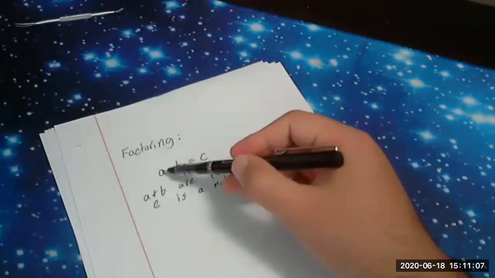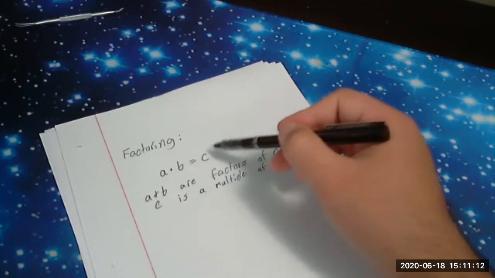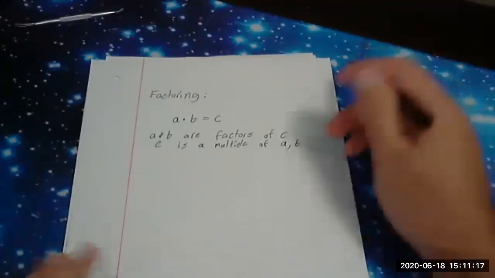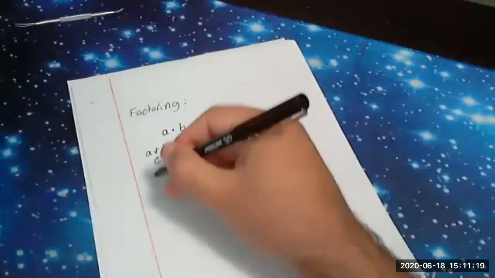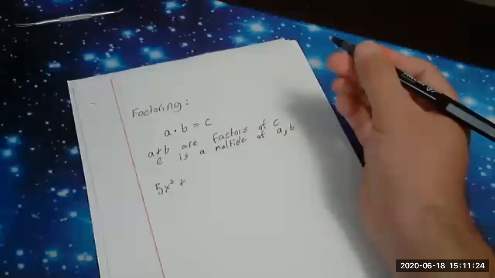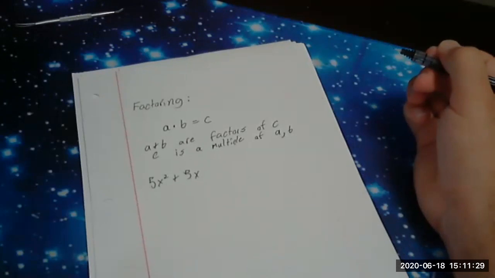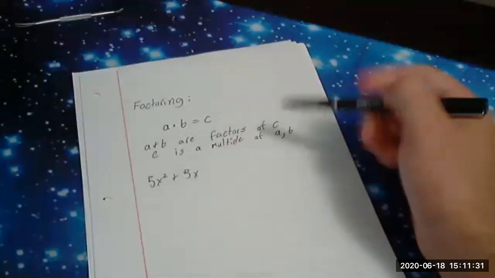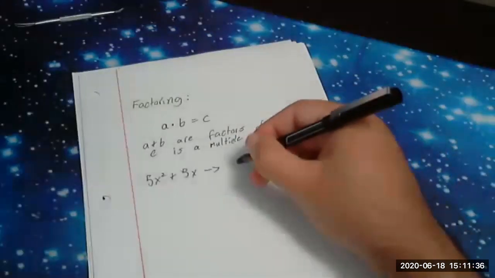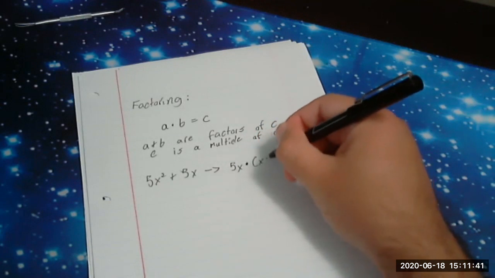Okay. So the first thing that we did on the other page, multiplying, is when we were taking two different polynomials, multiplying them together and getting one big one. Factoring is the other way around. So factoring takes 5x squared plus 5x, and factoring that into 5x times x plus 1.